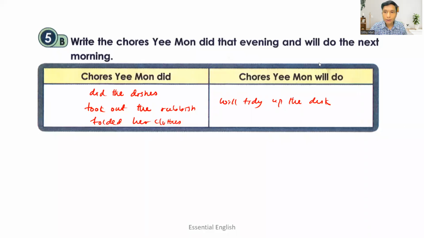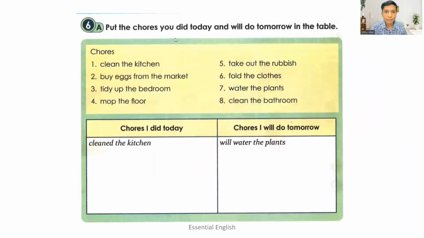Okay, now let's do exercise 6A. Put the chores you did today and will do tomorrow in the table. For example, the chores are clean the kitchen, buy eggs from the market, tidy up the bedroom, mop the floor, take out the rubbish, fold the clothes, water the plants, and clean the bathroom.